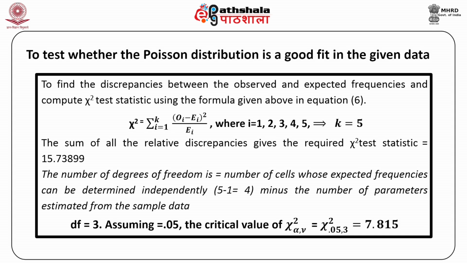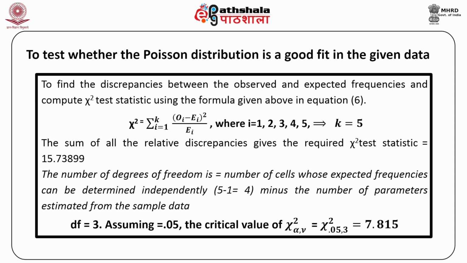Now in this illustration, the number of degrees of freedom is equal to the number of cells whose expected frequencies can be determined independently, which is 5 minus 1 equal to 4, minus the number of parameters estimated from the sample data.